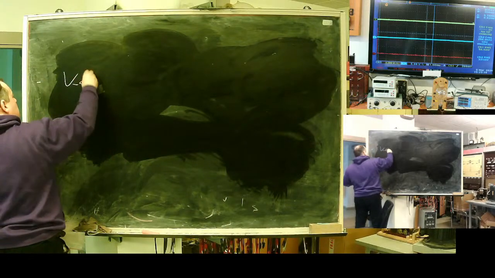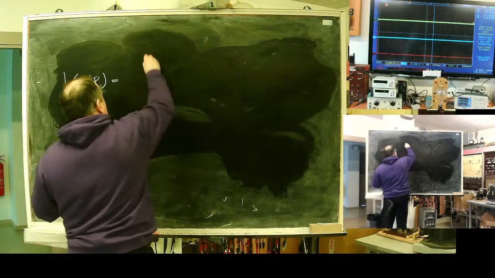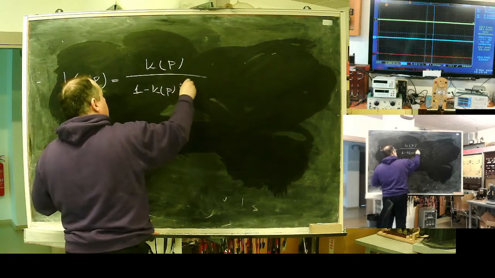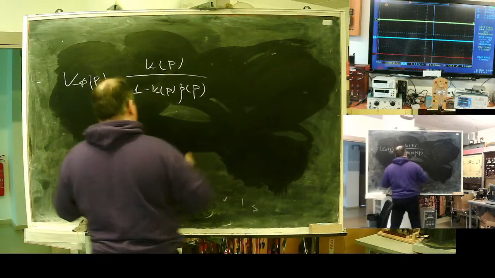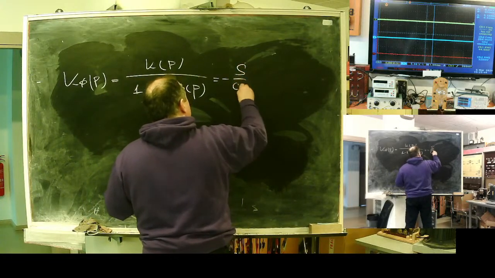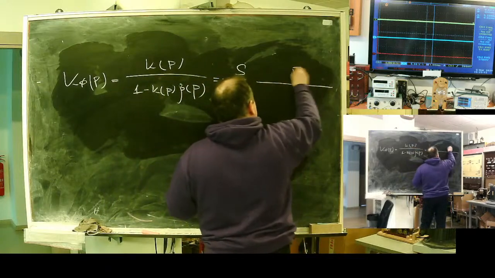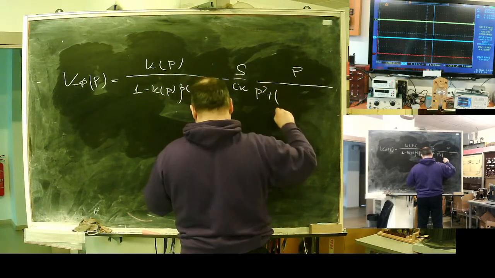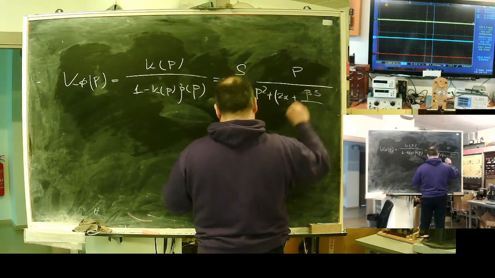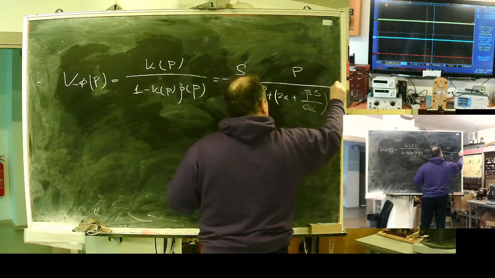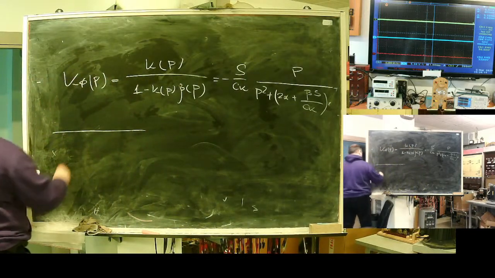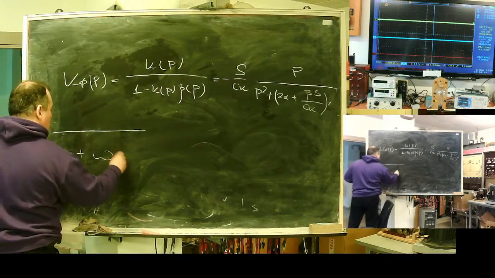So the transfer function, being divided by 1 minus S beta from P, where P is a complex frequency, will become, I'll simplify, minus S divided by contour capacitance, frequency squared plus double alpha plus beta S divided by CK, formula continues, multiplied by complex frequency plus omega 0 squared.